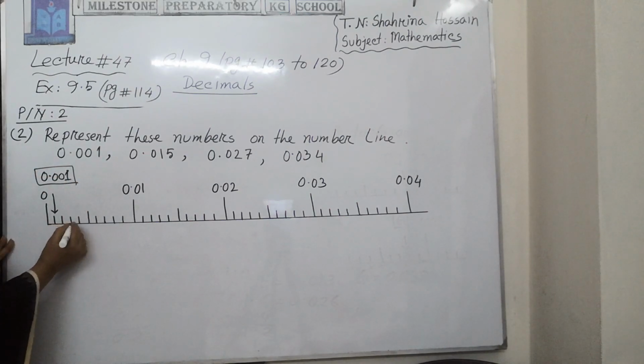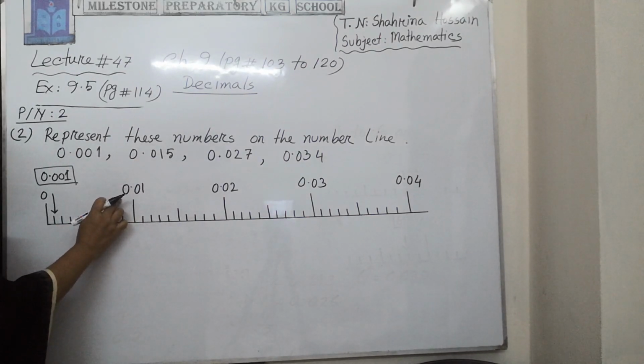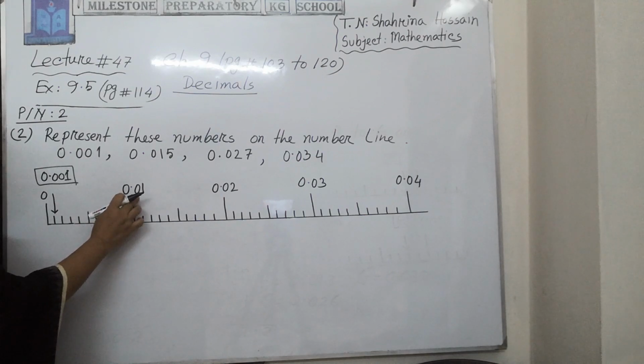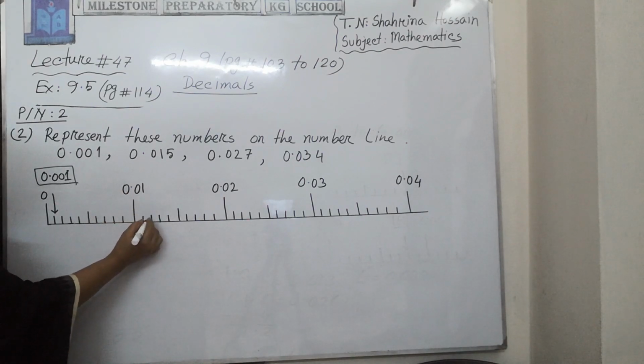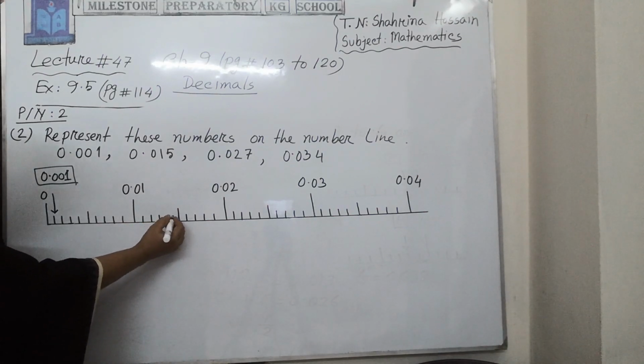Now see here, 0.015. If it is 0.01, then 2, 3, 4, 5.